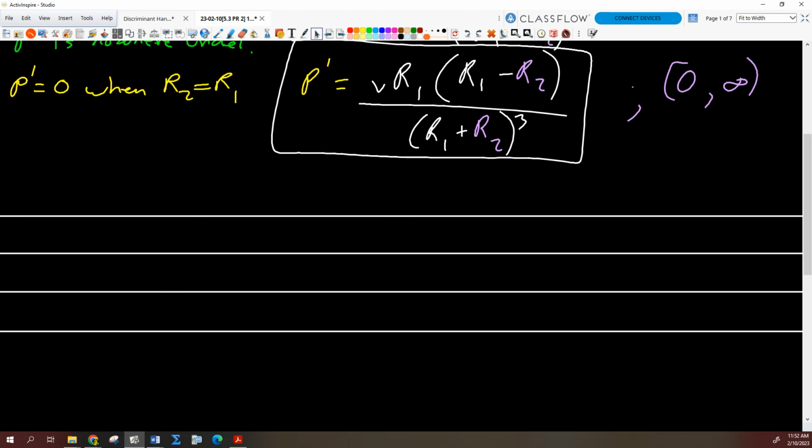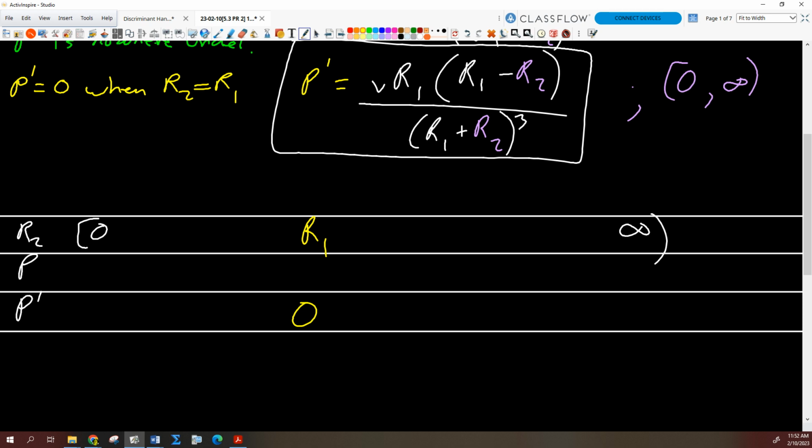Okay, so then we've got our values of R2. That's our variable. And that's going to go from 0 to infinity. We've got the power and the derivative of power. We had one critical number at R2 equals R1, whatever that is, some positive number, where the derivative of the power is equal to 0.